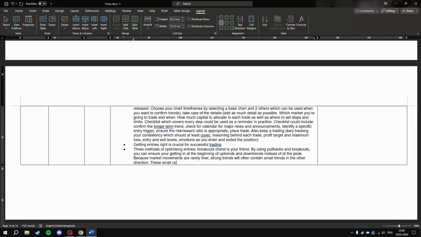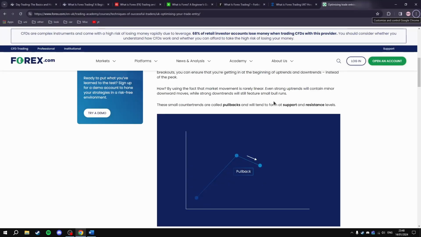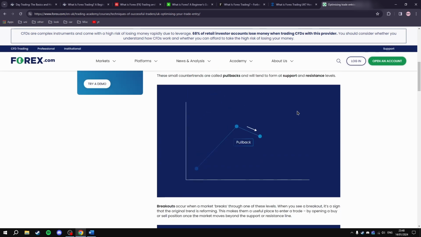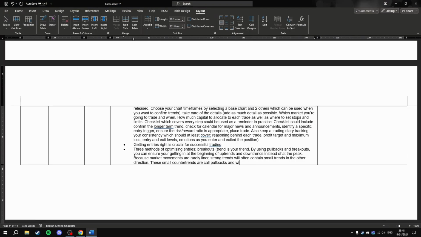These small counter trends are called pullbacks and will tend to form at support and resistance levels.